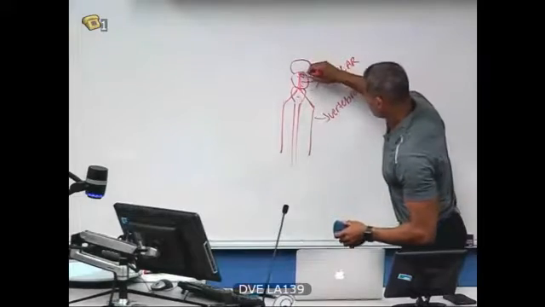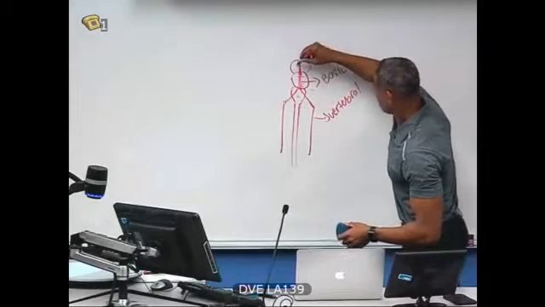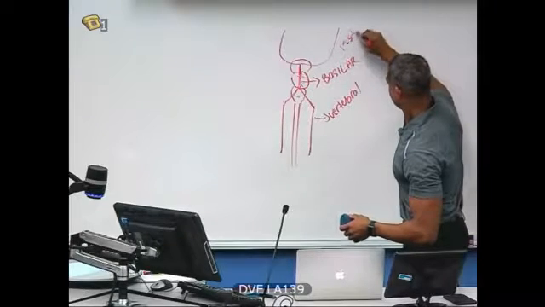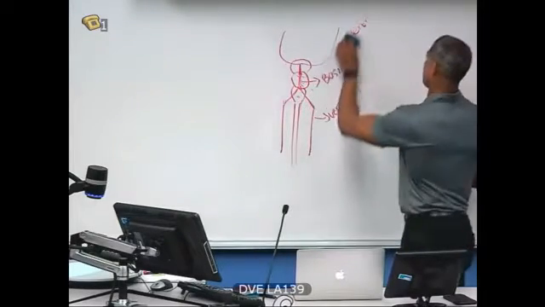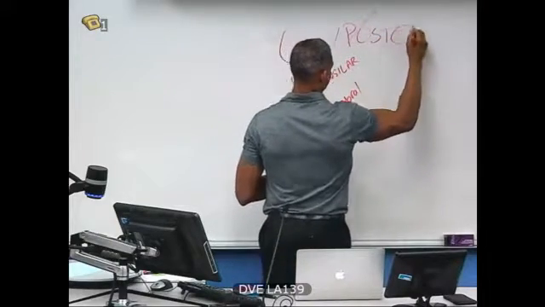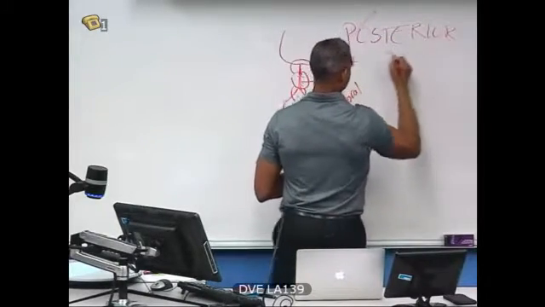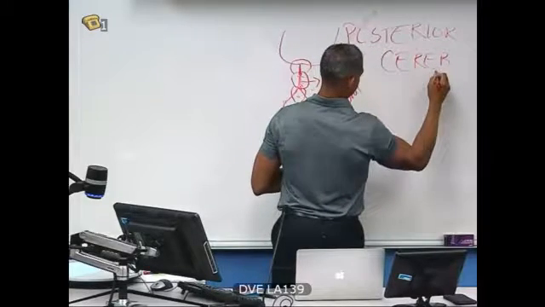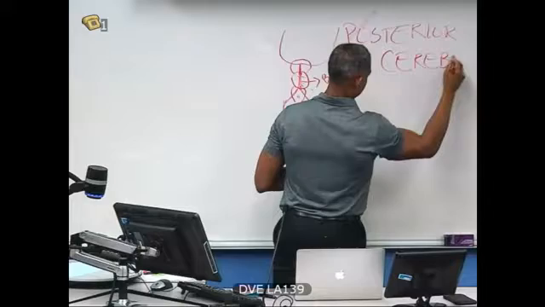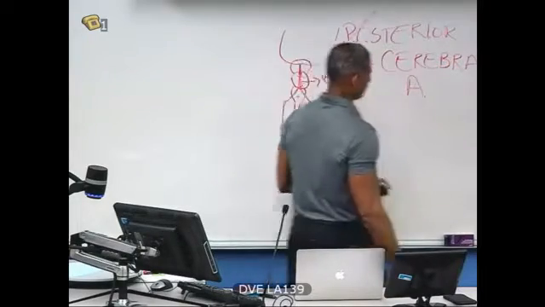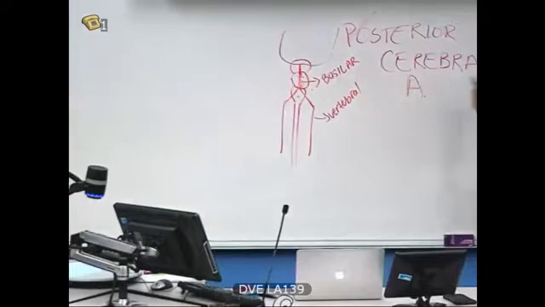The basilar artery will keep going to the top of the midbrain and form the posterior cerebral arteries. Why do you think it's called the posterior cerebral artery?